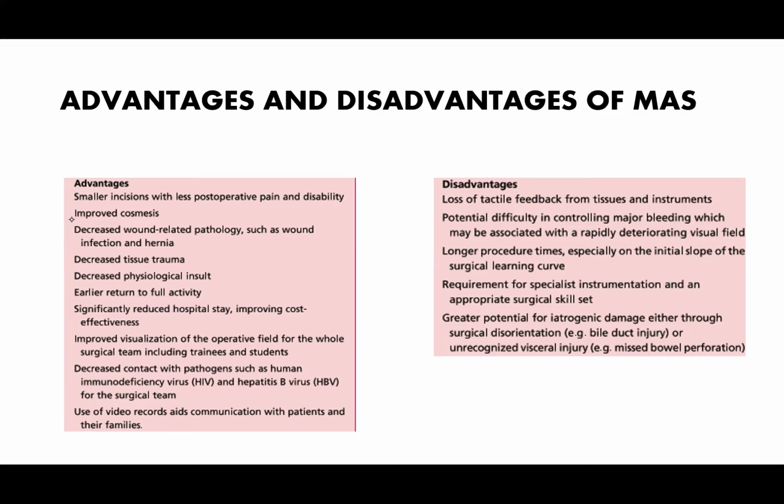Okay, the requirement for specialist instrumentation and an appropriate surgical skill set. You have to get specialized instruments. Greater potential for iatrogenic damage, either through surgical deterioration, e.g. bile duct injury, or unrecognized visceral injury, e.g. missed bowel perforation.